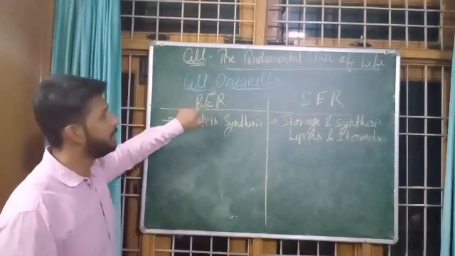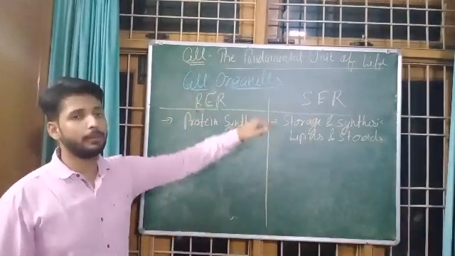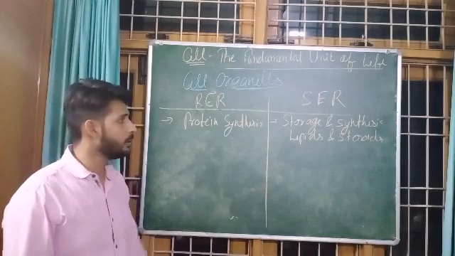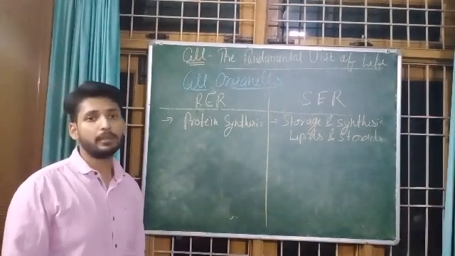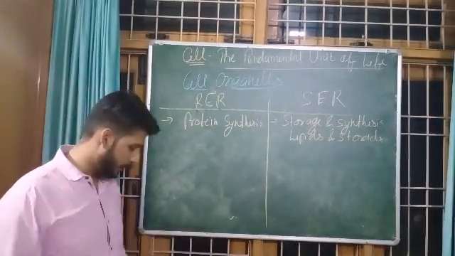Next, from the name it is clear, rough endoplasmic reticulum has ribosomes, and smooth endoplasmic reticulum does not have any kind of ribosomes.